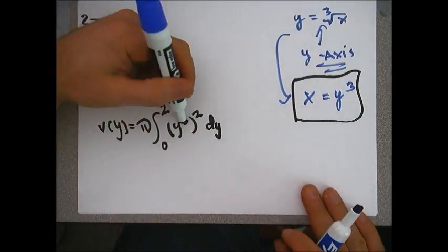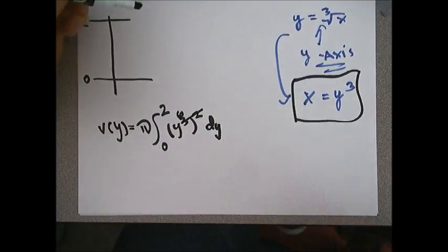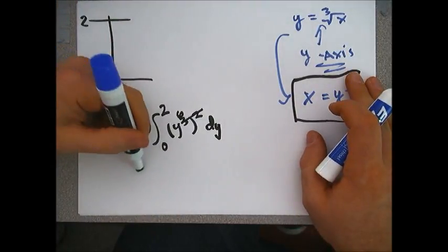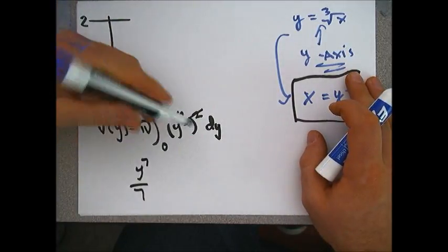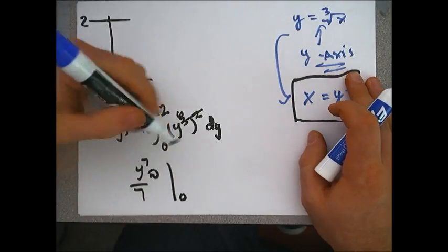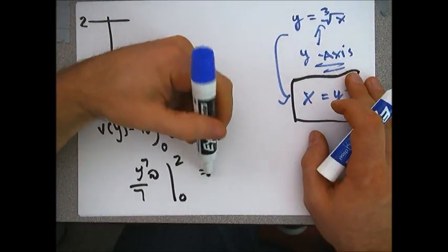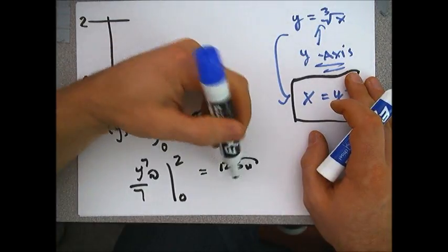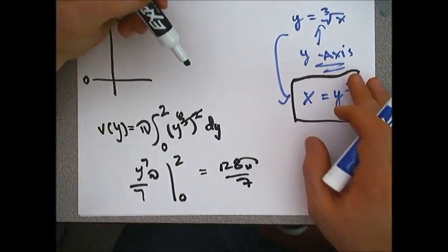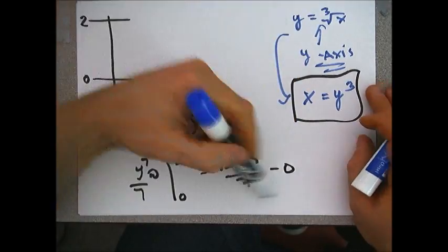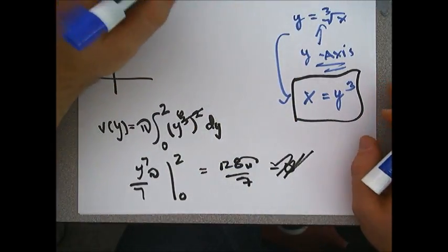So in here is really y to the sixth, and then I integrate it, and this gives me y to the seventh over 7, and bring our pi in from 0 to 2. If I plug in 2 to the 7th is 128 pi over 7, and then minus 0, which does nothing. Choice E.